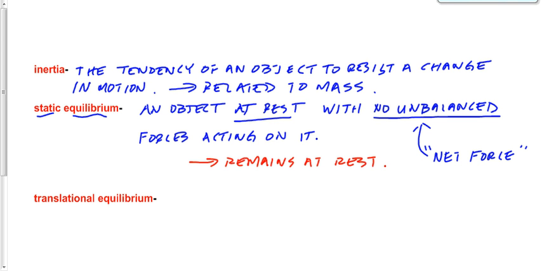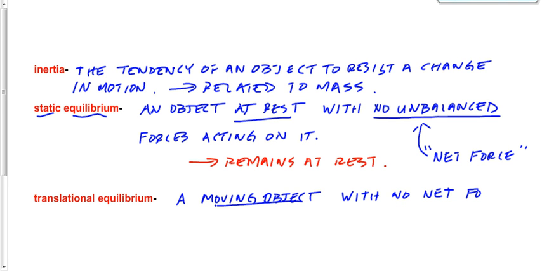Translational equilibrium means balance, something that's moving with things balanced. We'll say it's a moving object with no unbalanced force, or we'll call it a net force now, with no net force acting on it.